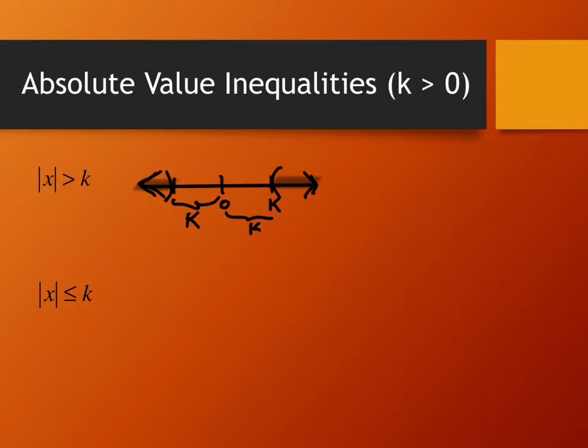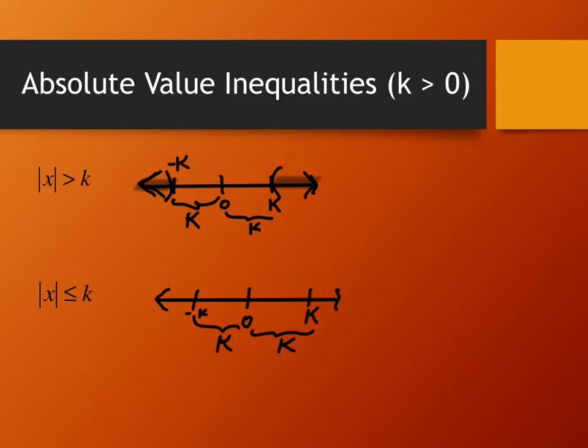Now, likewise, on the second one, if it says less than k, it would mean I would shade on the inner part. I need my values, my distances, to be closer to the origin, or to 0, than k. So here's my distance, k on both sides. And notice, if I'm going k to the left, that would be negative k, right?